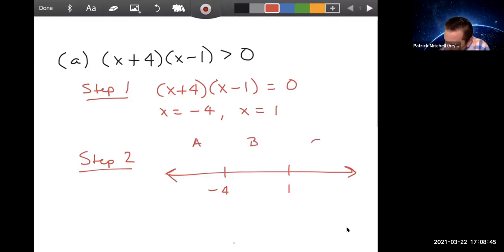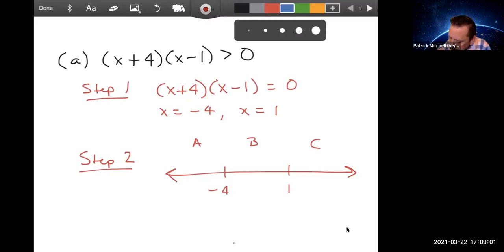Okay. Now, before I go over to the next slide, part of step 3 was to choose a test point from within each region. So that just means first we're going to pick a number, any number that is less than negative 4. How about negative 5? Right about there.